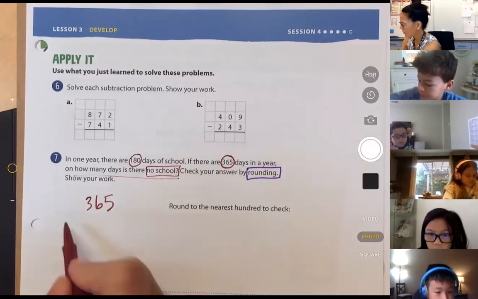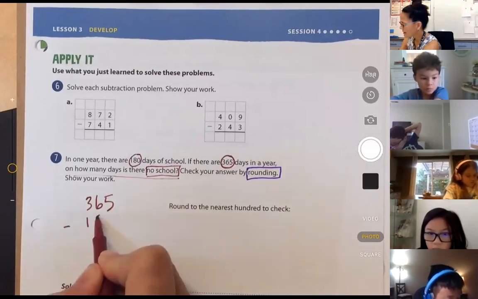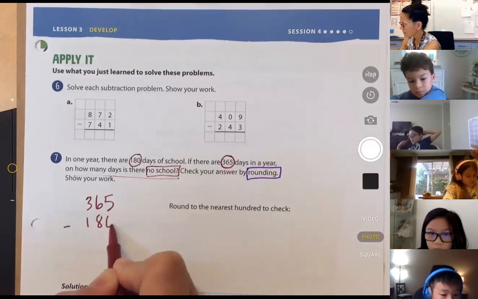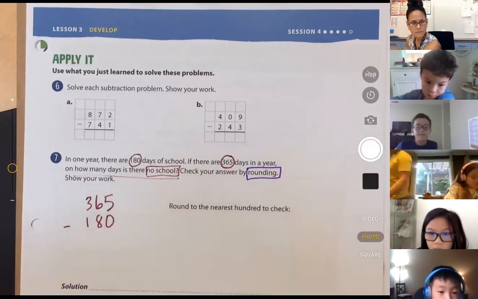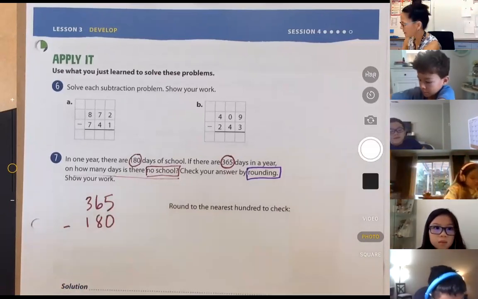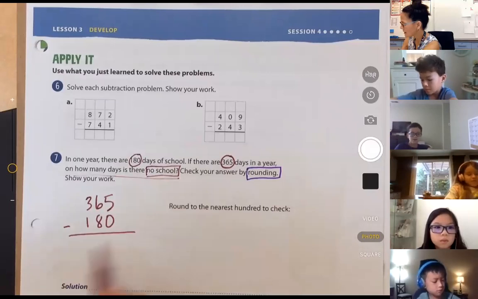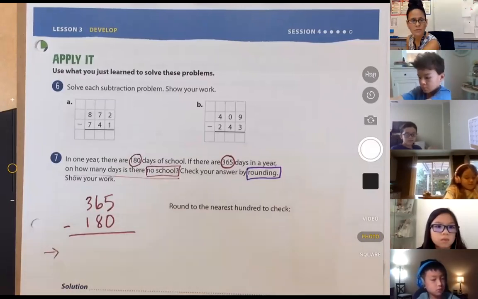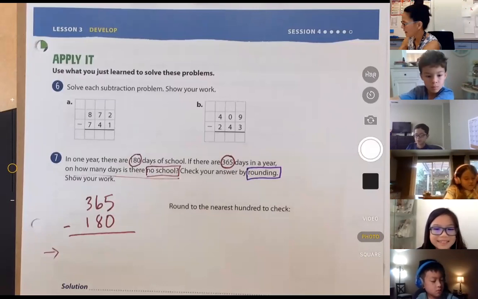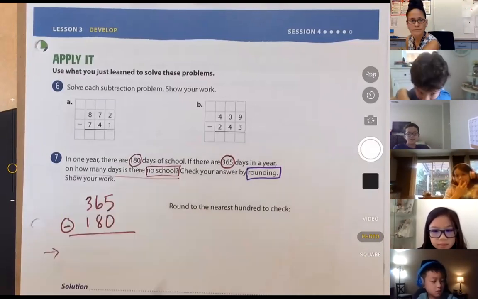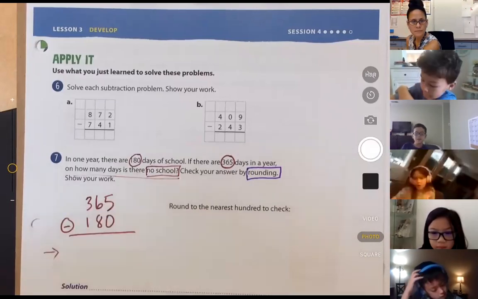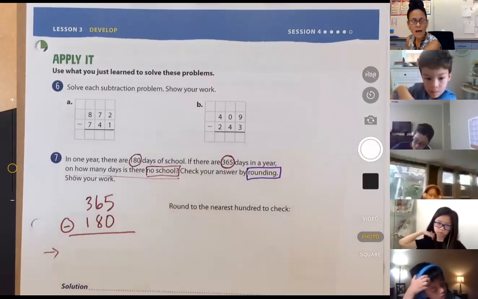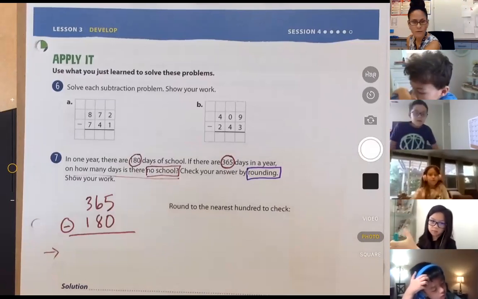There are 180 days of school. I need to know how many days are in no school. All right? I know it's subtraction. So I could do the standard math.